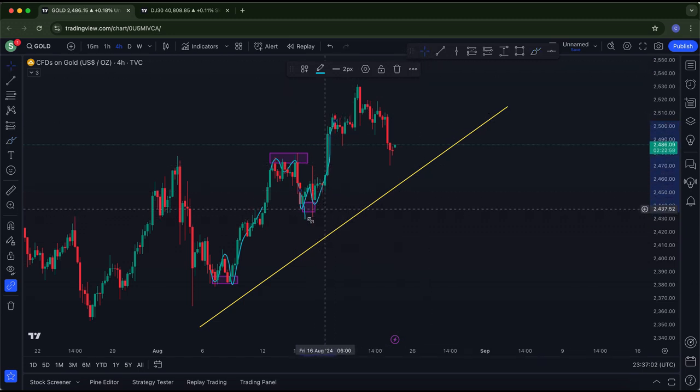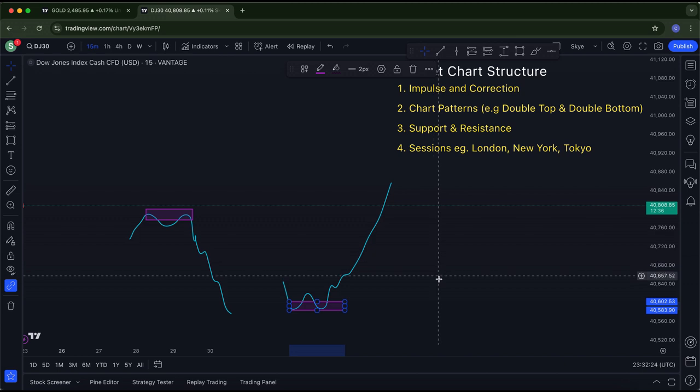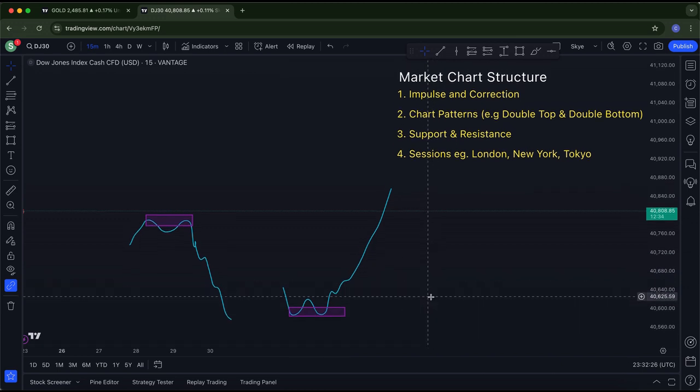So this is an example of the W pattern and M pattern under chart patterns. This is all we need. The next concept will be support and resistance.